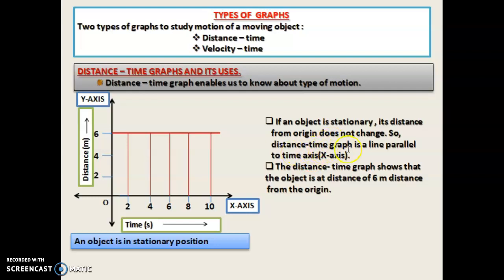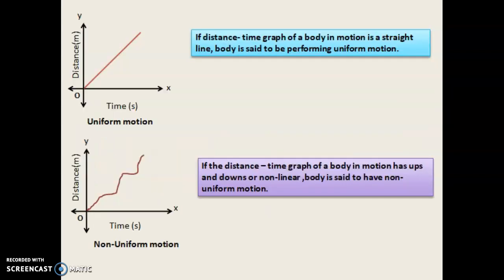So the distance time graph is parallel to the time axis, that is the x-axis. The distance time graph shows the object is at a distance of 6 meters from the origin. So this is the example for a stationary object. Next, here also time is taken along the x-axis and distance along the y-axis.